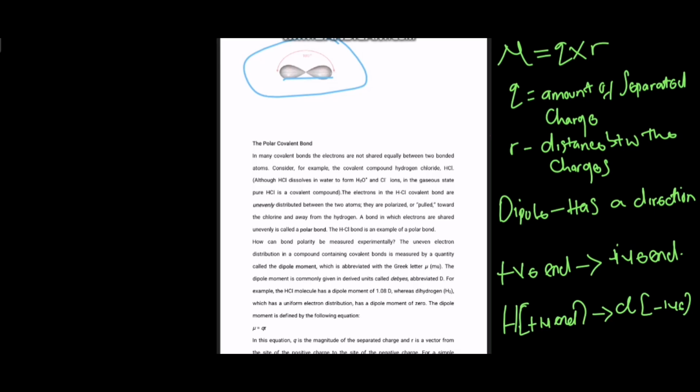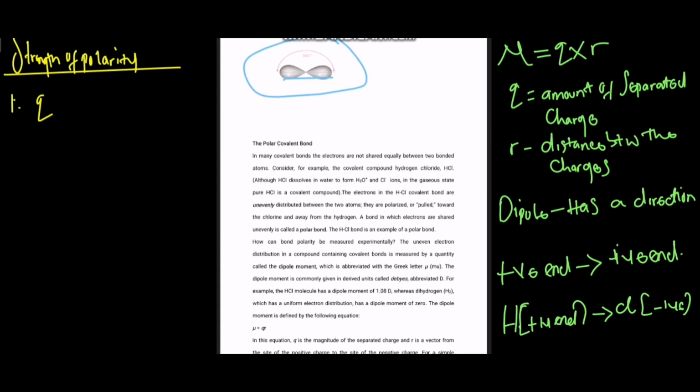Now, there's one other important thing I want you to take note of: the strength of polarity, that is, the strength of a polar covalent bond, depends on two things.